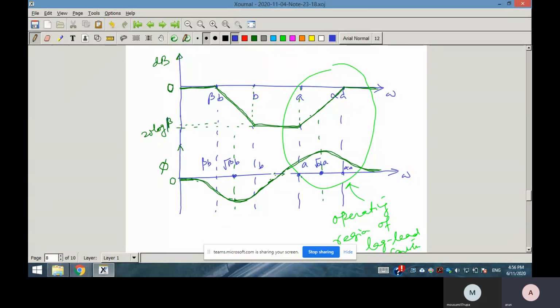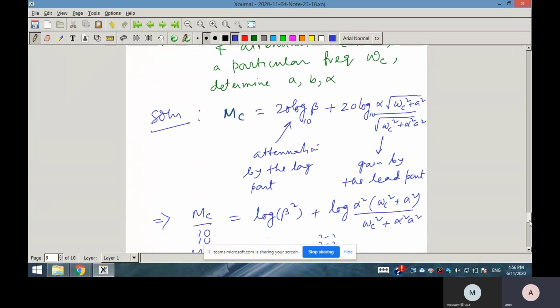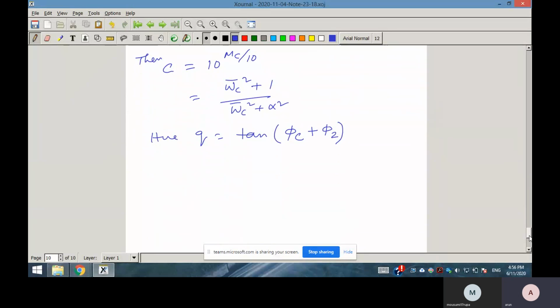So a little bit of additional phase we have to provide, so as to nullify the phase lag given by the lag part. This is the small phase lag by the lag controller.